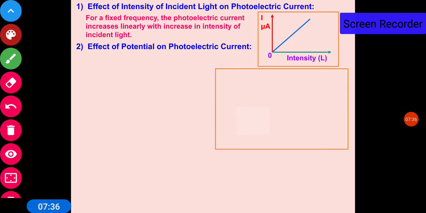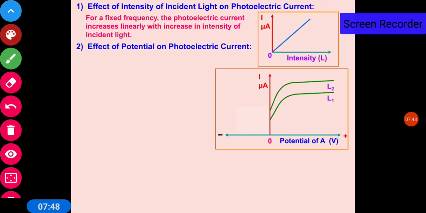Then another experimental result: the effect of potential on photoelectric current. Here is the potential of the anode against the photoelectric current. Now it is observed that I1 is the intensity of the light. When the potential is increased, the photocurrent increases, and after that it reaches a saturation value.